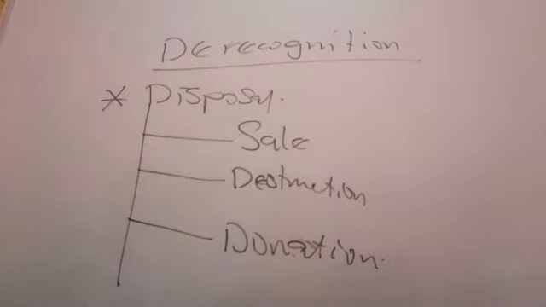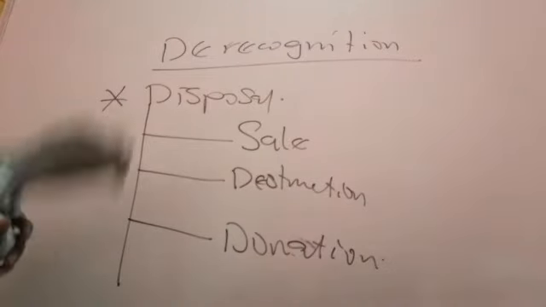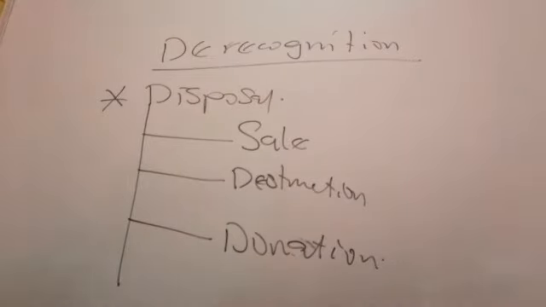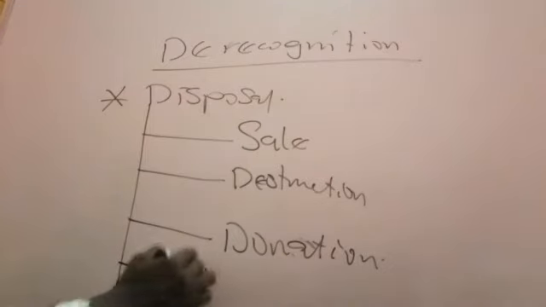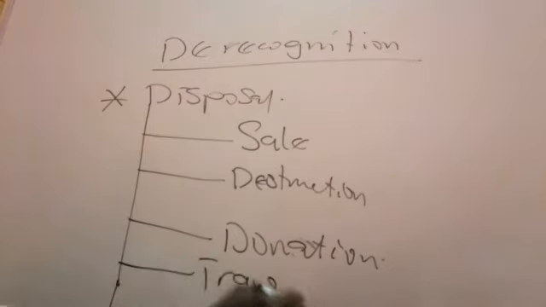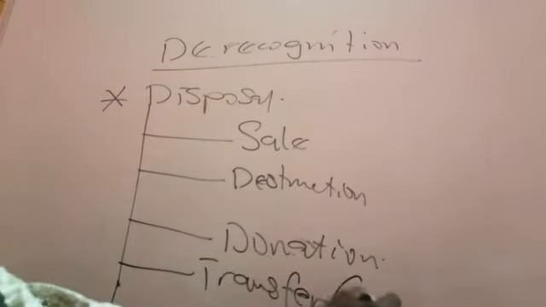So these are the three possible ways by which you will dispose of your asset, and any of them, you stop recording the asset on your books. And then you can also transfer. This transfer, I'm talking about lease.